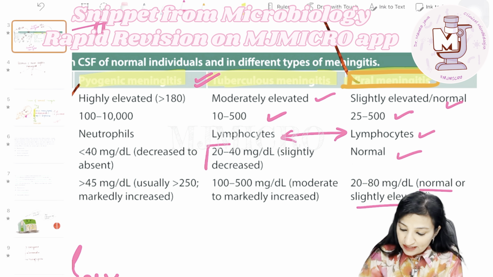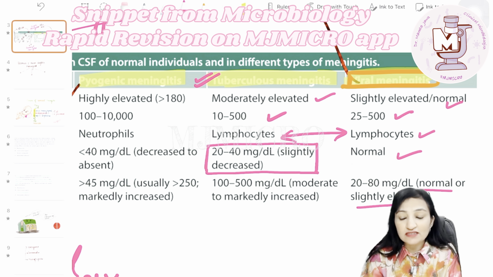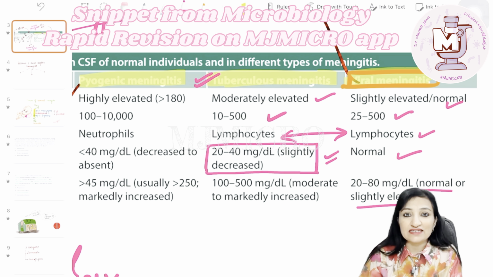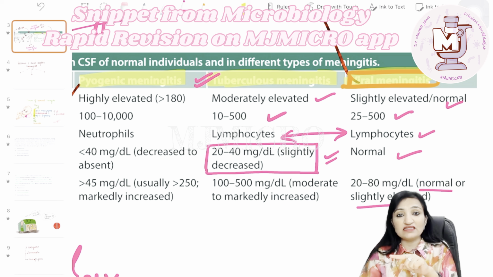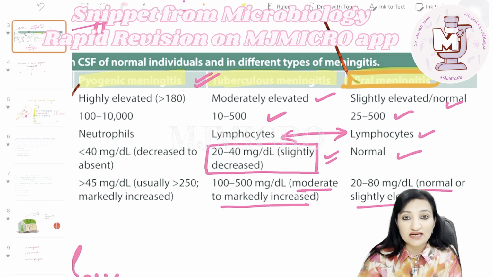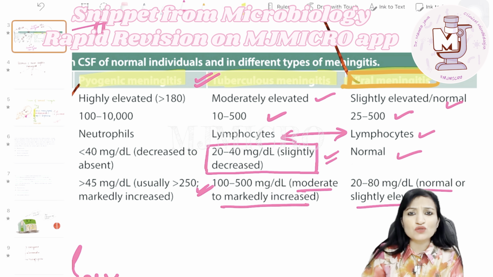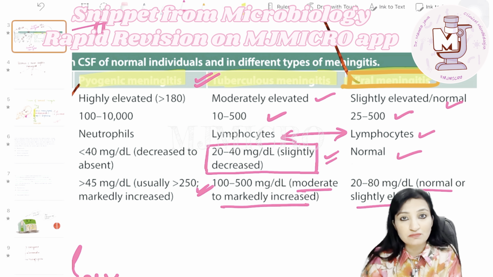But how to then distinguish this from aseptic meningitis? Glucose is slightly decreased. It is not normal, unlike aseptic meningitis. And as far as proteins are concerned, they are moderately to markedly increased. So the most important clincher is glucose concentration, and proteins also are going to be increased. They are not going to be normal in case of tuberculous meningitis caused by Mycobacterium tuberculosis.